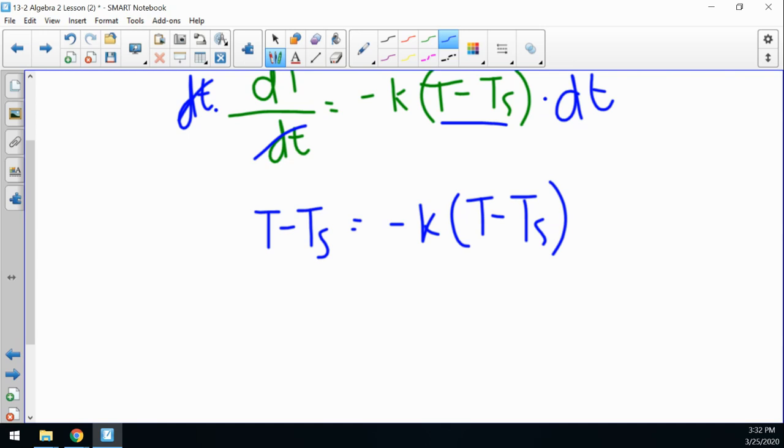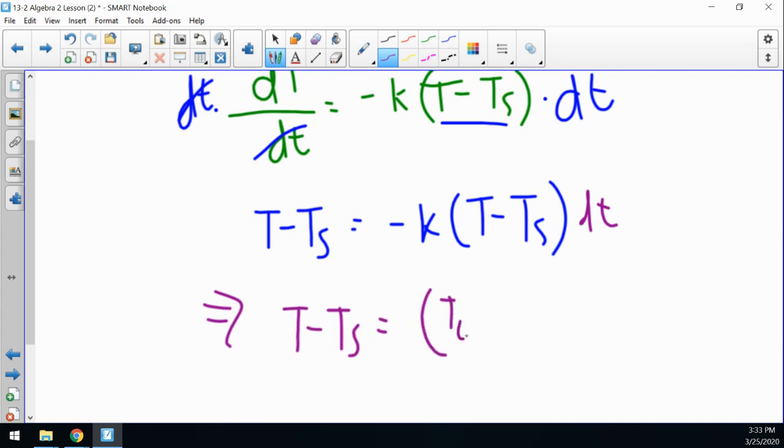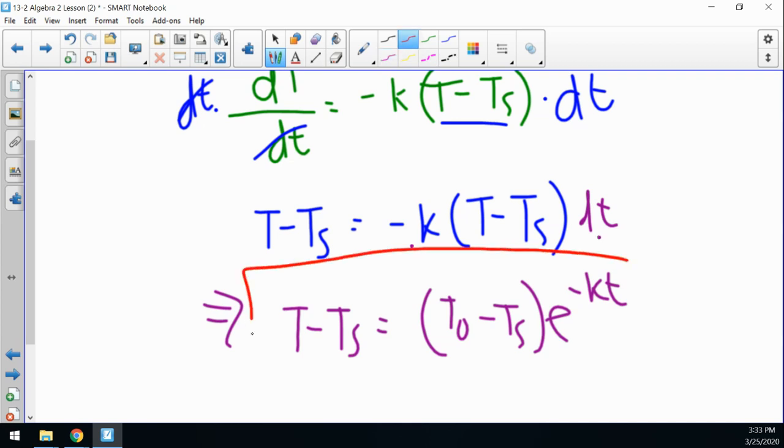Then if I take the antiderivative of it, I get t minus ts is equal to our initial t minus ts, times e to the negative kt power. Because the k is out here, and I'm taking the derivative in terms of t, this is what I end up getting right here.